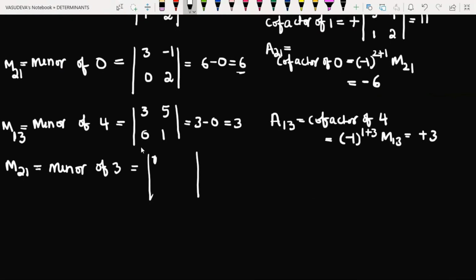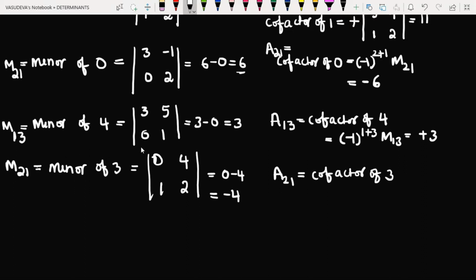So that is 0 minus 4, which is equal to -4. Now A21, that is the cofactor of 3, is equal to (-1)^(2+1) times M21. 2 plus 1 is an odd number, therefore it is minus, and M21 is -4. So I am writing minus times -4, which is plus 4.